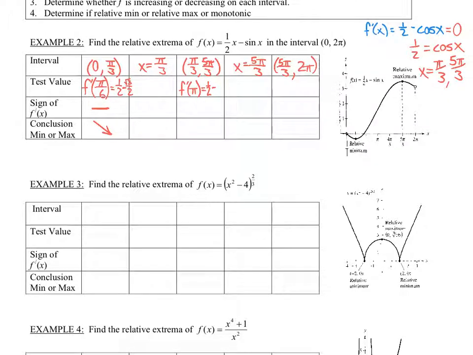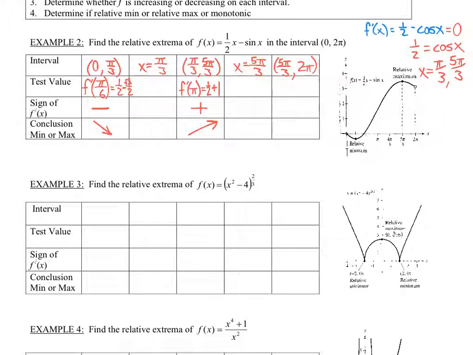Negative 1. So 1/2 minus a negative 1. Positive or negative? It's positive. So my function is doing what here? Increasing.